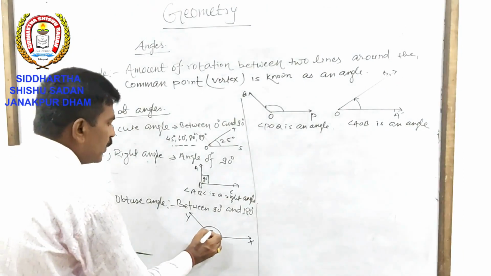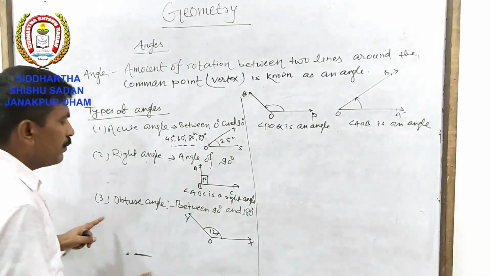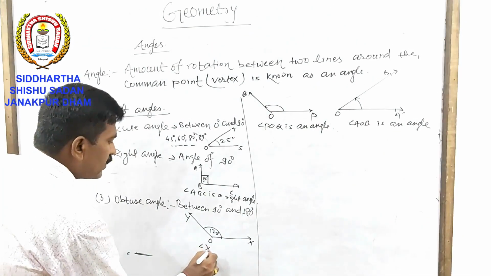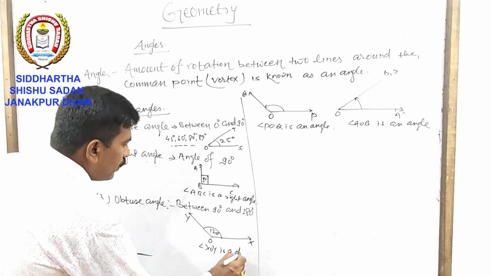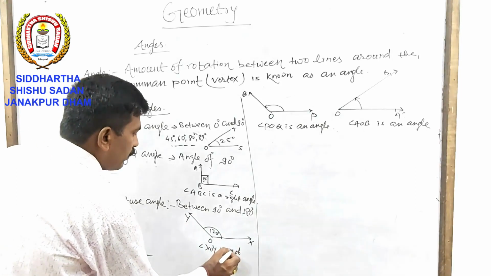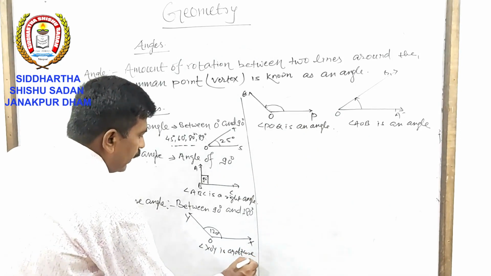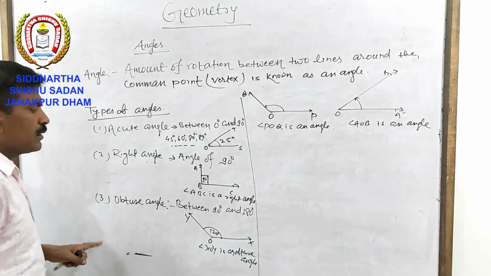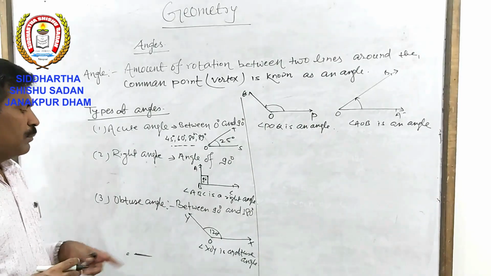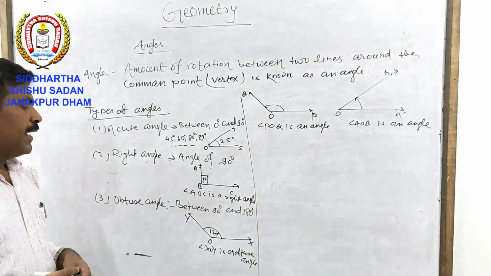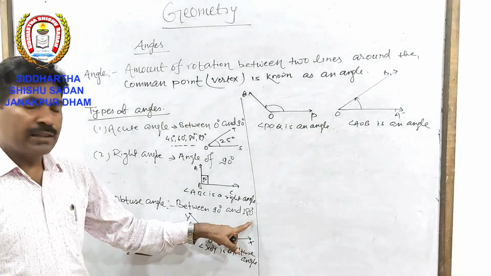Suppose its value is 120 degree. 120 degree means the angle XOY is an obtuse angle. XOY is an obtuse angle because 120 degree lies between 90 degree and 180 degree.